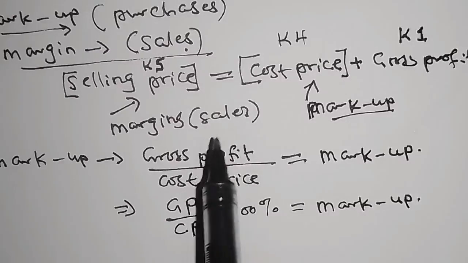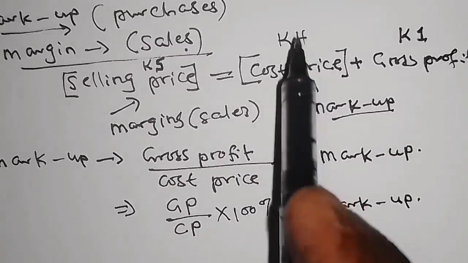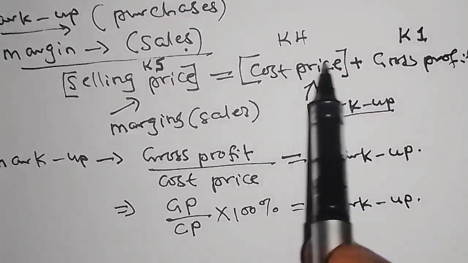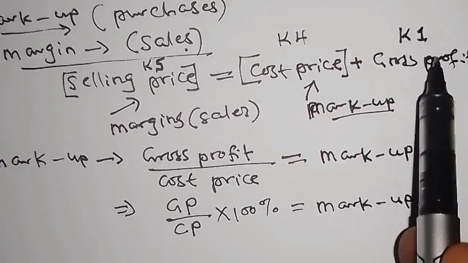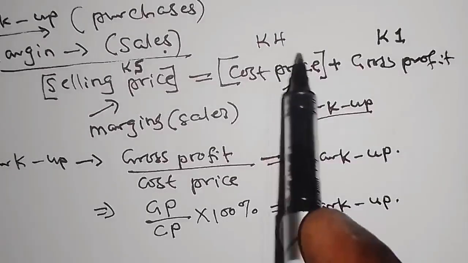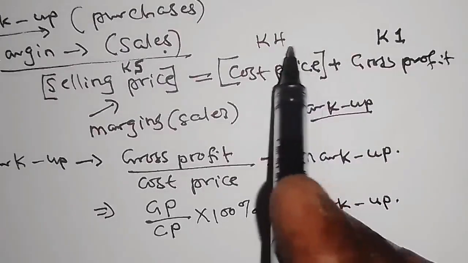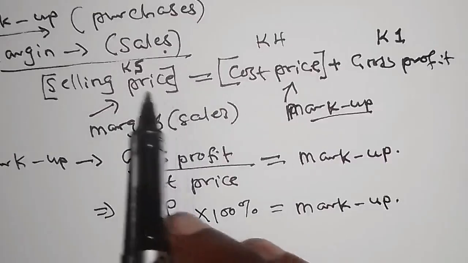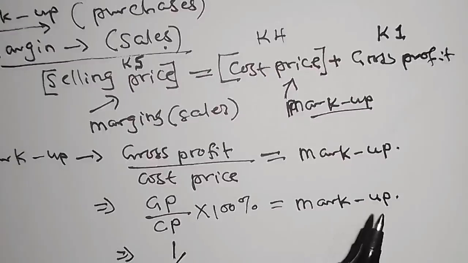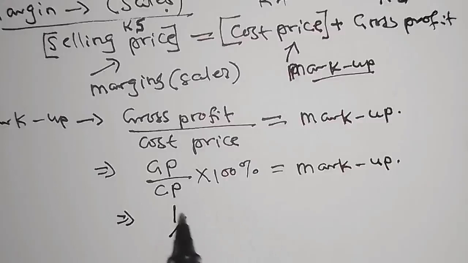In this example, the gross profit is 1 and the cost price is 4.